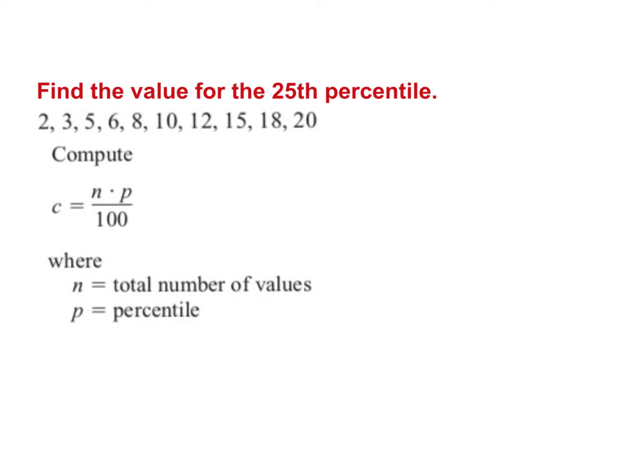Again, we're going to take 10, because there's 10 values. We're going to multiply it by 25 and divide by 100, or you can take 10 times 0.25. Either one gives me the same thing, which is 2.5. Well, here's what you do with that 2.5. You round it.